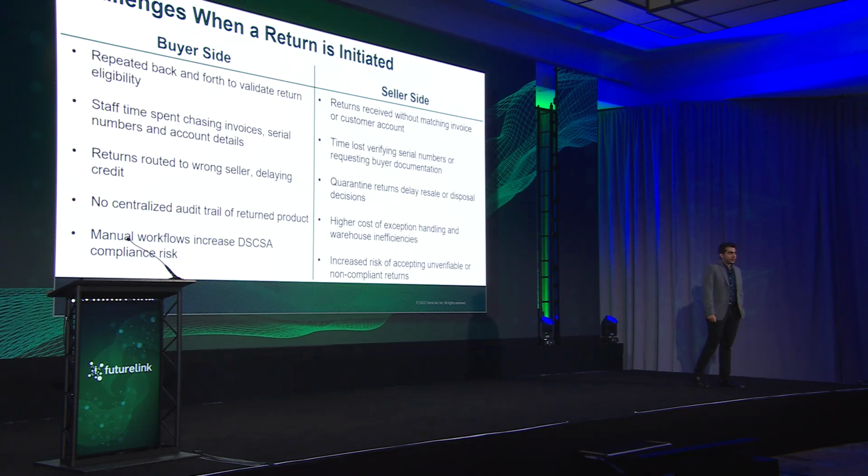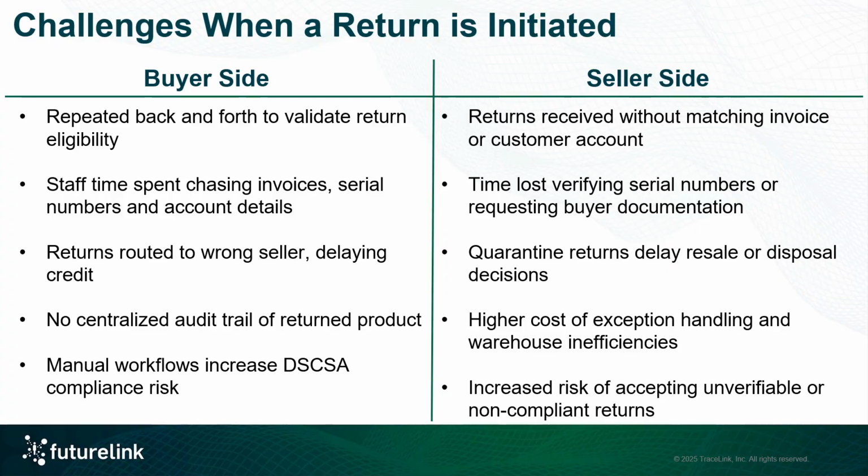So where does that leave us? There's a lot of back and forth to validate this return eligibility. Staff time is spent chasing all the paper trail, the invoices, and the EPCIS to make sure that the product they want to return is validated, and there's a lot of staff time spent collaborating around that with the seller.